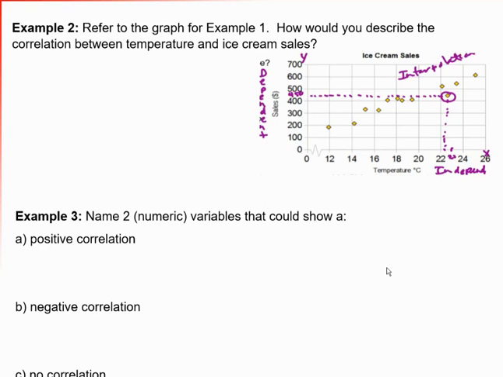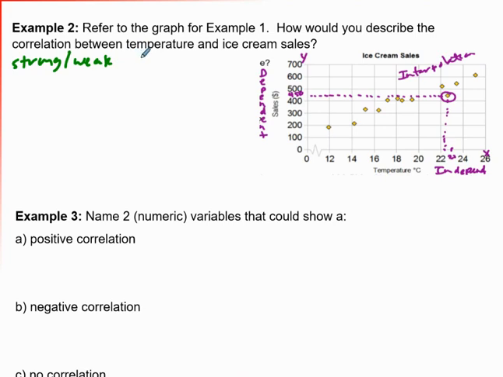Okay, refer to our graph from example number 1. How would you describe the correlation between temperature and ice cream? So we want to say, first of all, is it strong or weak? We want strong, weak.